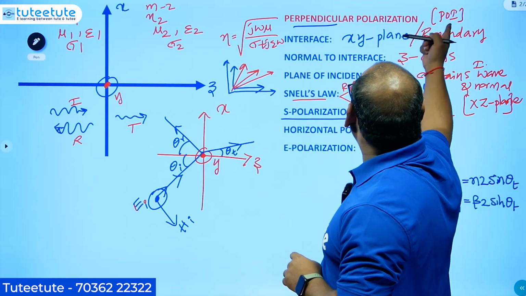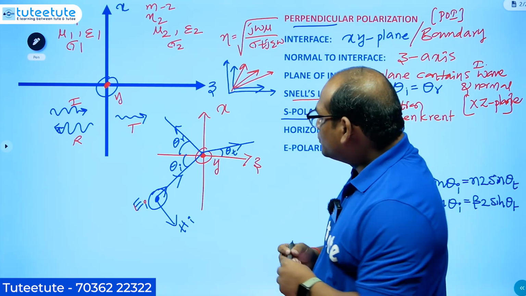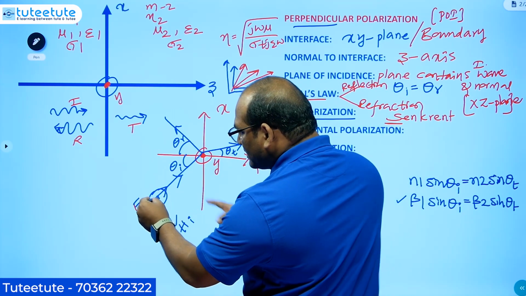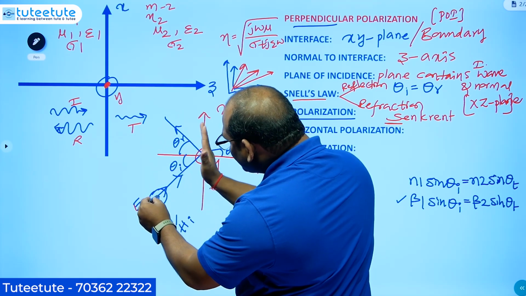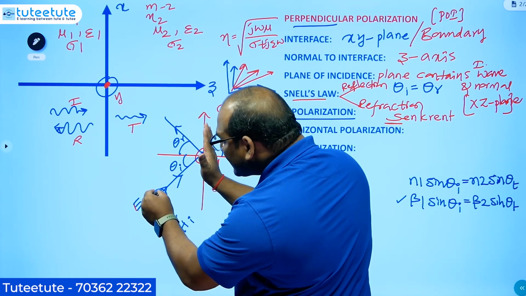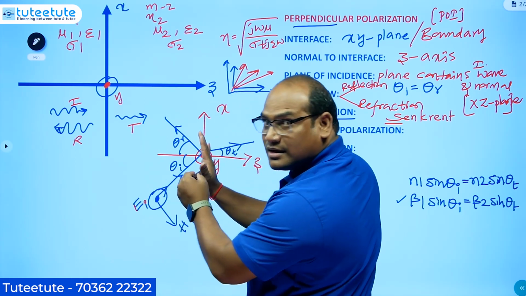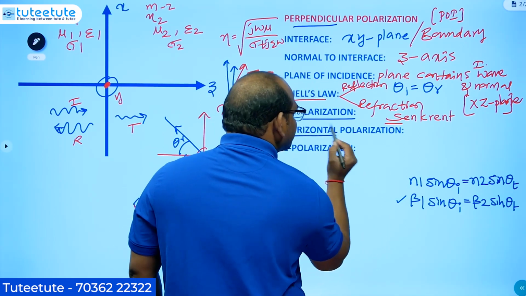Since the electric field is perpendicular to the plane of incidence, that is called perpendicular polarization. You see, this is the electric field coming out of the plane of incidence. How is the boundary, how is the interface? Like this. But for this interface, how is this electric field? Parallel.